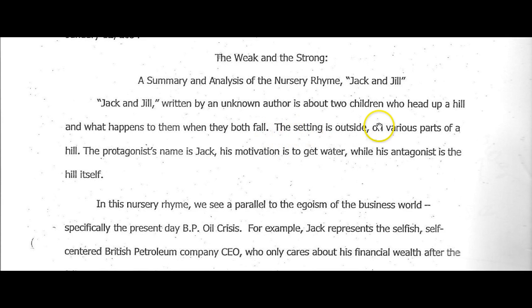The setting is outside on various parts of a hill. I need you to identify the protagonist. The protagonist's name is Jack. I need you to identify his motivation. His motivation is to get water. And I need you to identify the antagonist, the person or thing that's keeping the protagonist from getting what he or she wants. And here I'm saying it's the hill itself.